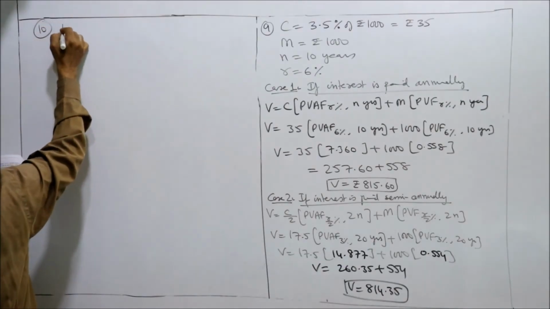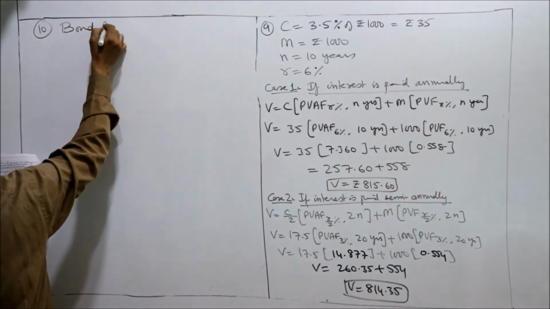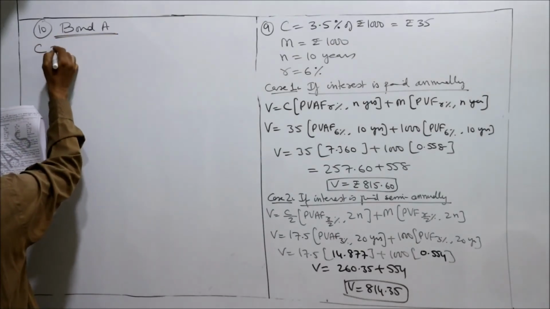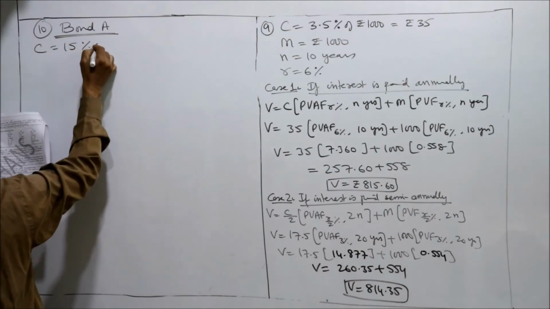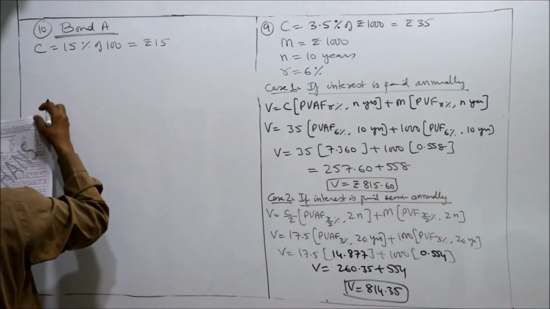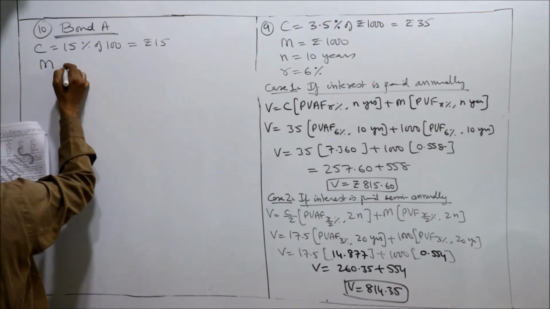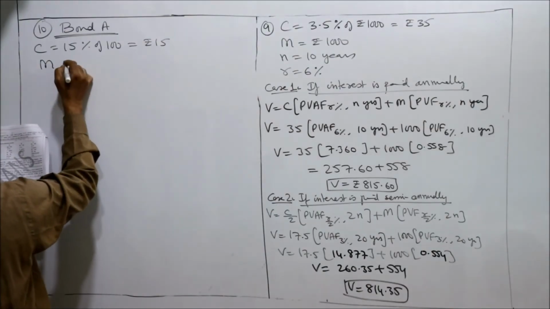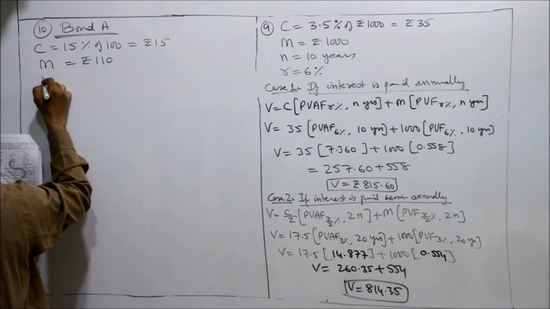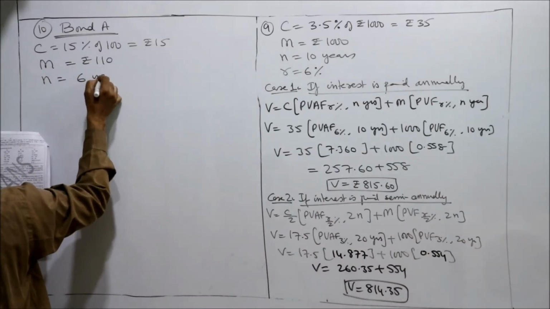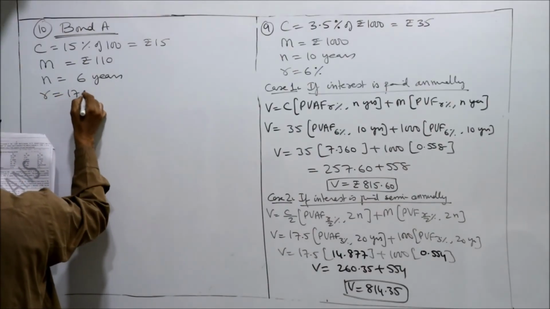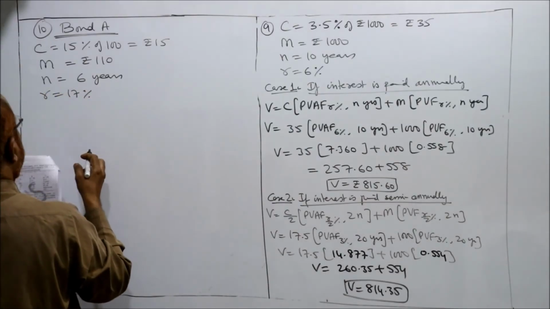Problem number 10. Bond A. C is equal to 15% of 100, rupees 15. Maturity redemption price is rupees 110. Then N is equal to 6 years. R is equal to 17%. That's all.